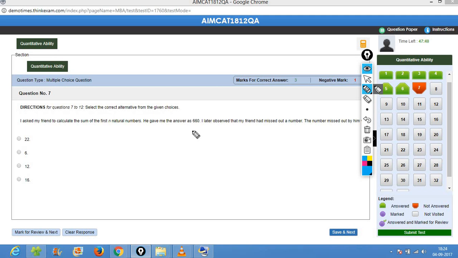Suppose our number is 30. So 30 into 31 upon 2, that is 15 into 31, that is 450 plus 15, 465. Not possible. Next, let's take 35. So 35 into 36 upon 2, it will be 35 into 18, and I know 35 into 18 is 35 into 20, 700 minus 70, that is 630, right?